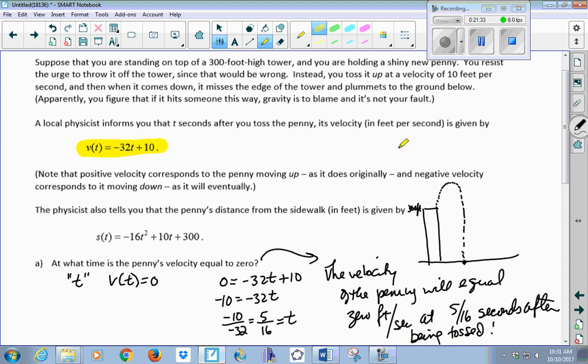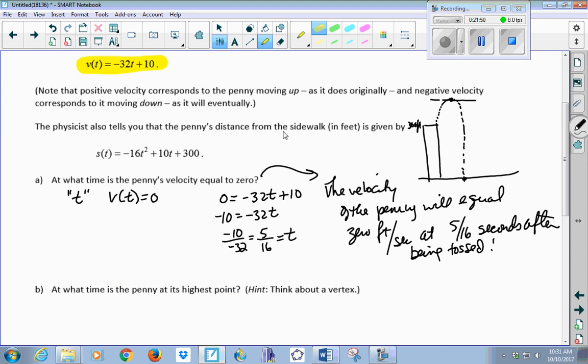Okay, so the velocity is going to be 0. So you're throwing it up, the velocity is 0. That's going to happen right at this maximum value right here. The velocity at that point will be 0.